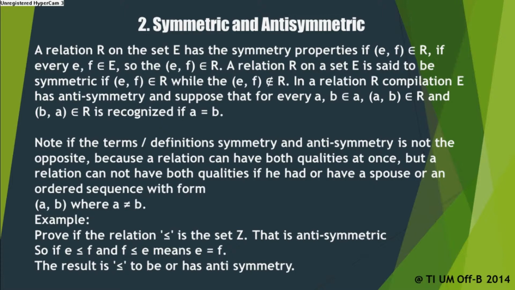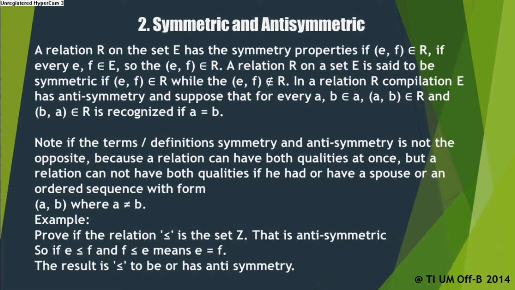A relation R on the set E has antisymmetry if, for every (a, b) ∈ R and (b, a) ∈ R, it follows that a equals b.